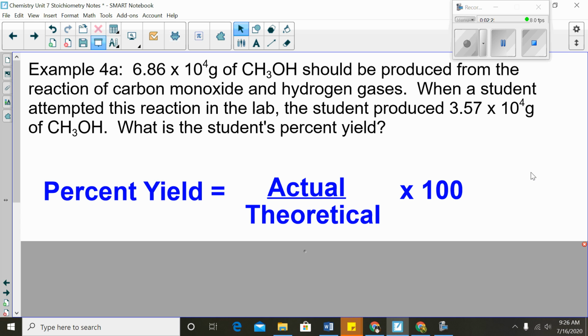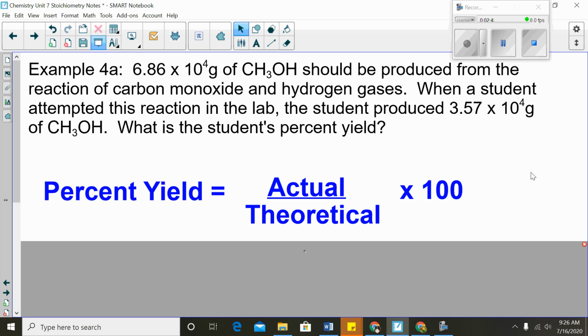Now, when a student attempted this reaction in the lab, the student produced 3.57 times 10 to the 4th grams of CH3OH. What is the student's percent yield? Now remember, percent yield is actual over theoretical times 100.